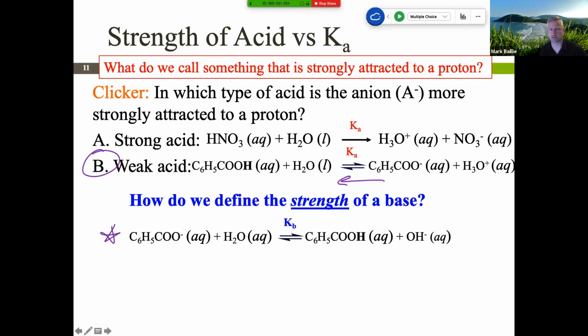Can anyone notice what's different between those two? Anyone see the difference?